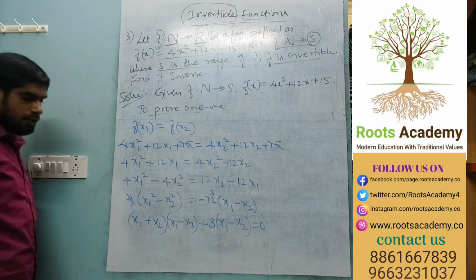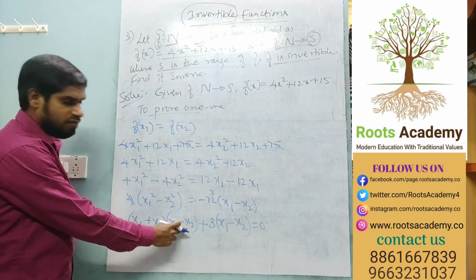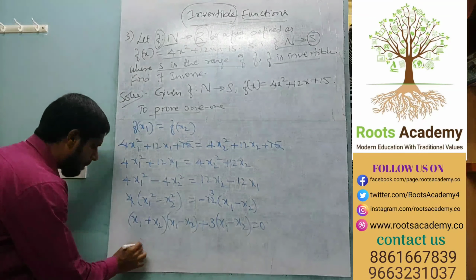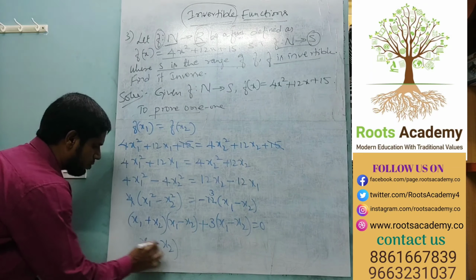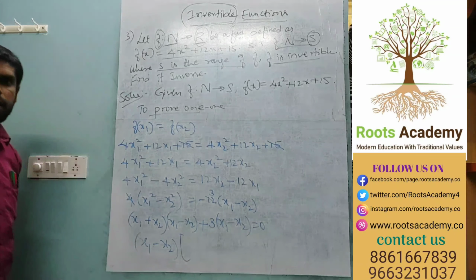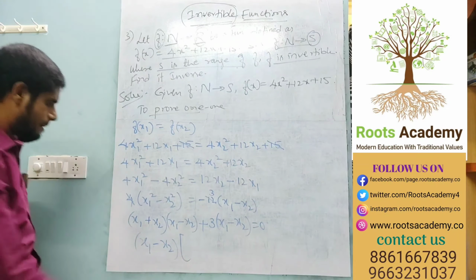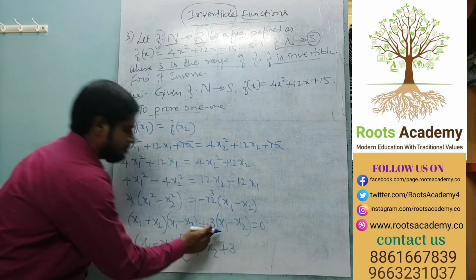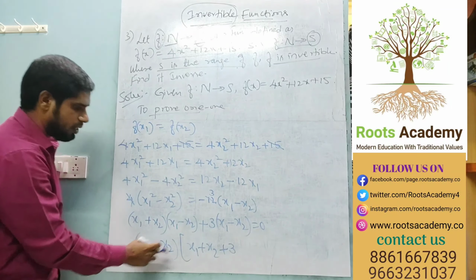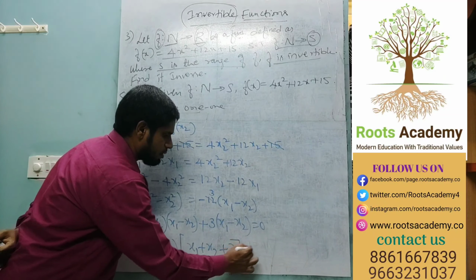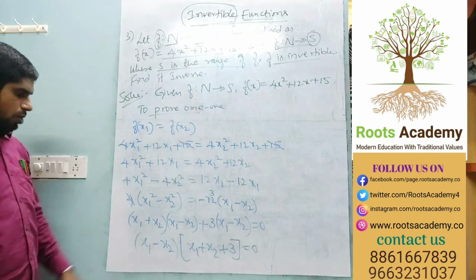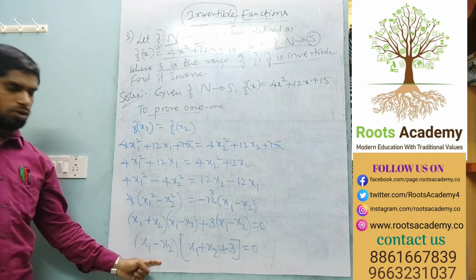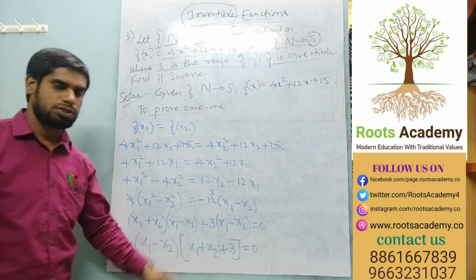Now student, here x1 minus x2 is present in the first term as well as in the second term. So I will take x1 minus x2 common. What do I get after taking x1 minus x2 common? I will get x1 plus x2 plus 3, because x1 minus x2 is completely removed outside, so just plus 3 is left. This is equal to 0. Now student, two factors multiplying to 0 means either the first factor is 0 or the second factor is 0.